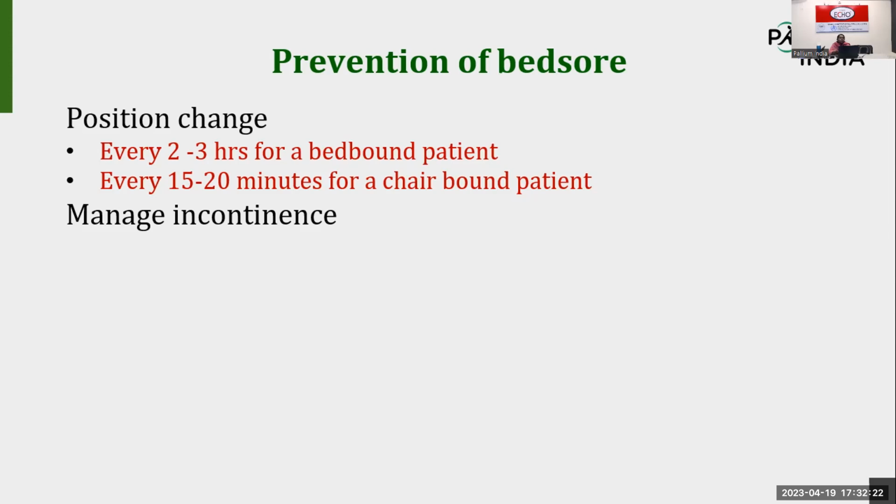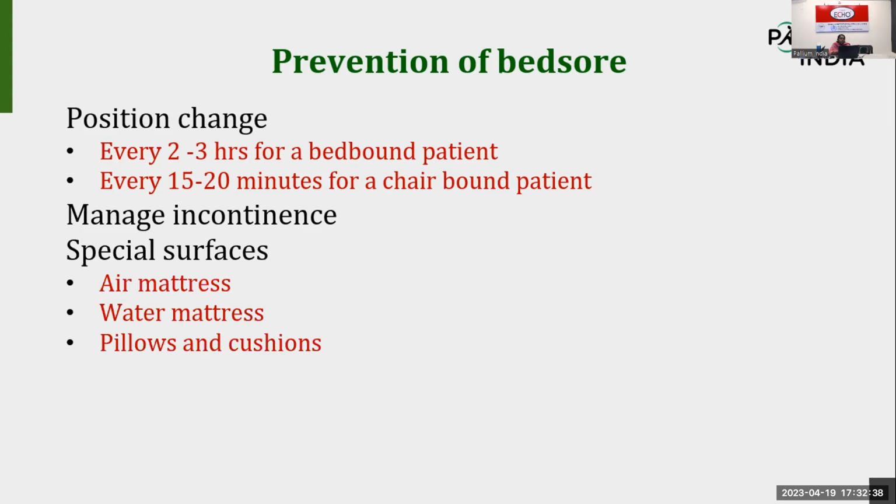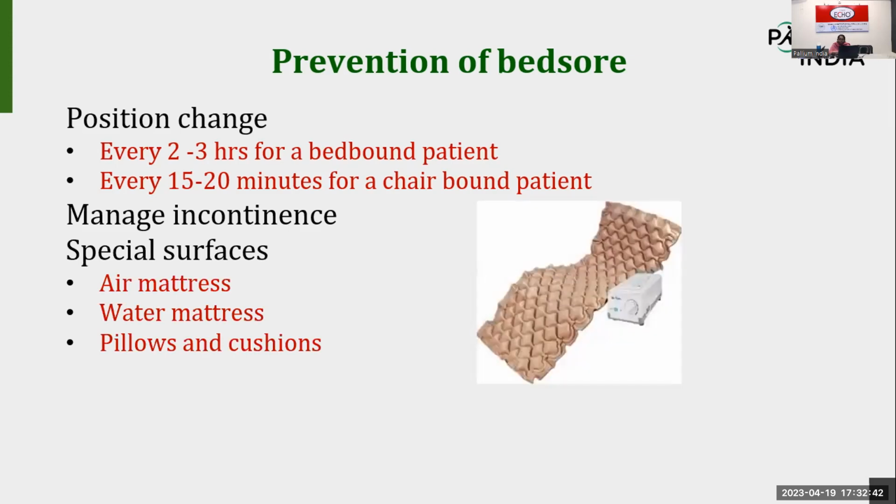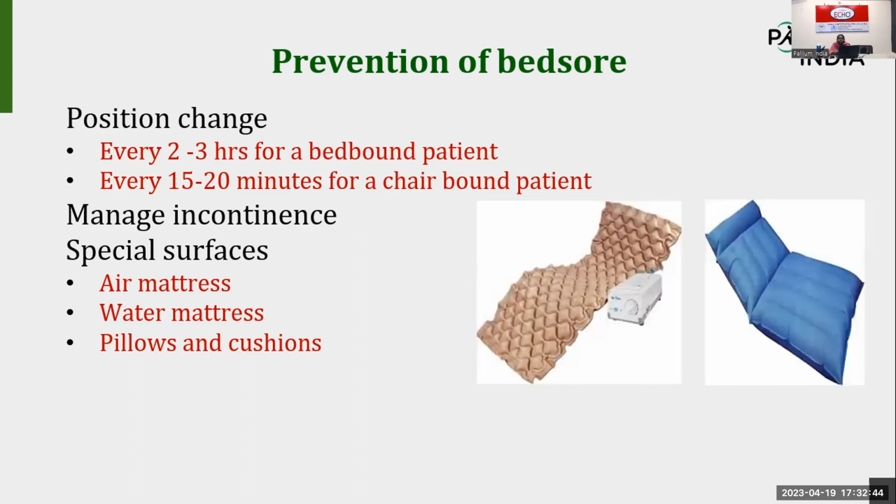Sometimes the patient cannot afford to buy diapers, then you can teach them to use their own clothes, but if the linen is wet, they have to remove and replace it as early as possible. That is very, very important. And you can suggest a special mattress or special surface, like an air mattress or water mattress.